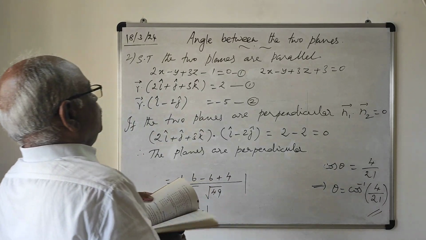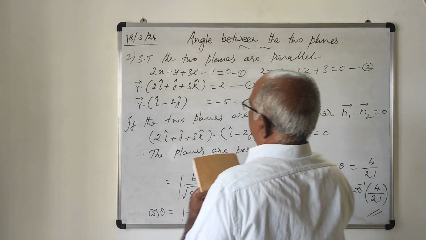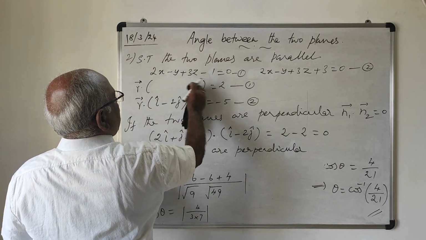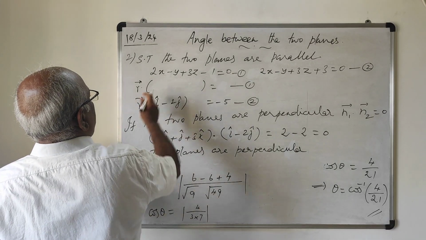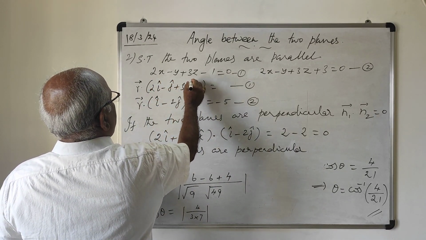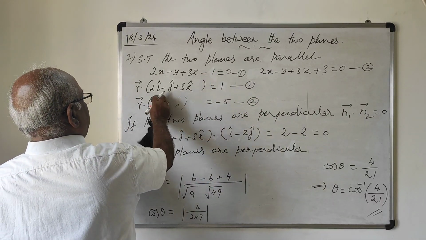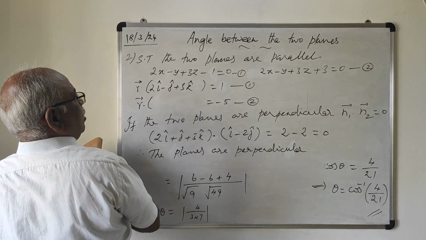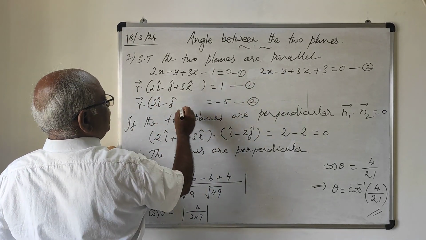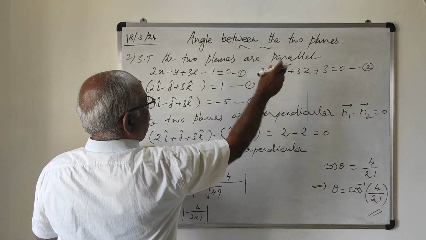So you rewrite these two planes into the vector form. R dot n1 is 2i minus j plus 3k equal to 1. Similarly, the second plane is r dot n2, 2i minus j plus 3k equal to minus 3.